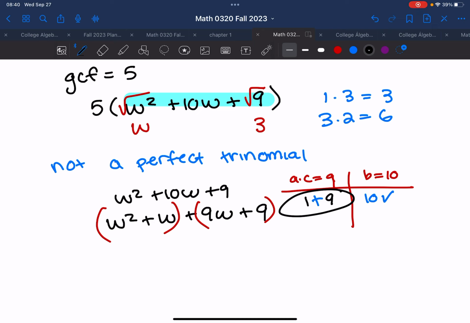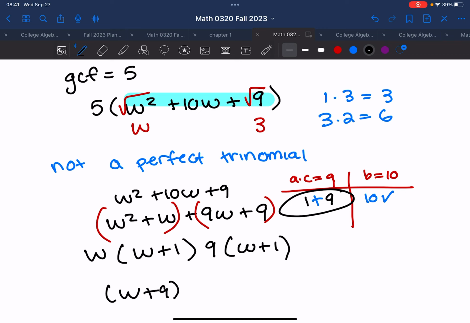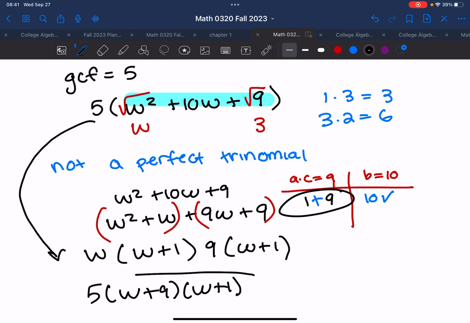So in the first one, I can take out a w, and I'm left with w plus 1. And then the next one, I can take out a 9, and I'm left with w plus 1. Since both my parentheses match, I know I did everything correct. So that means I have the answer w plus 9, w plus 1, and I bring down that GCF of 5 in the front.